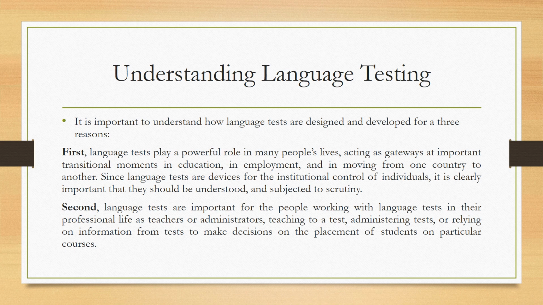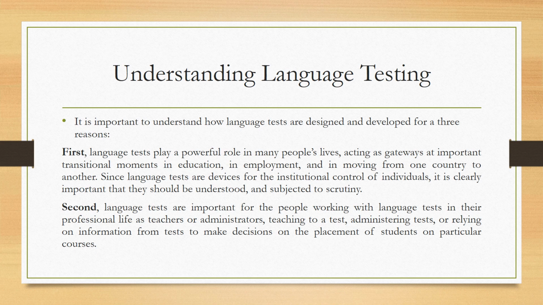So in education, in employment, in moving from one country to another, the authorities try to control people through testing. They do not accept anyone. They accept only the people who pass the test that they are making for them.